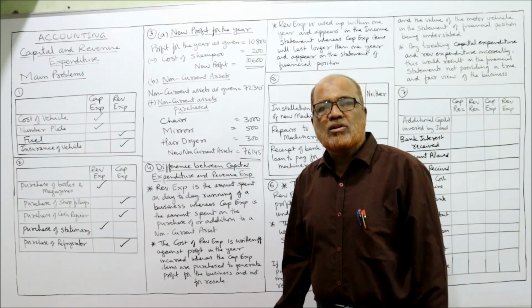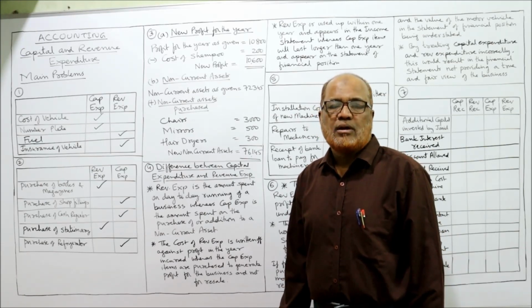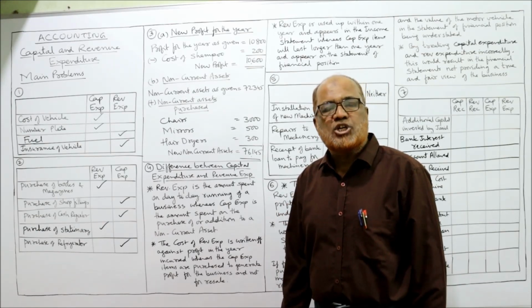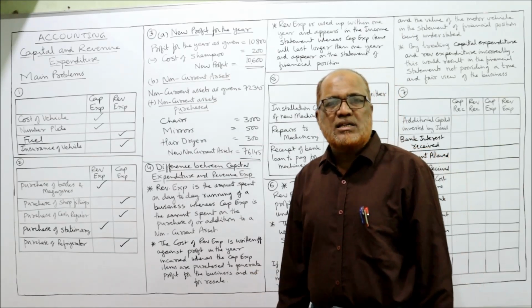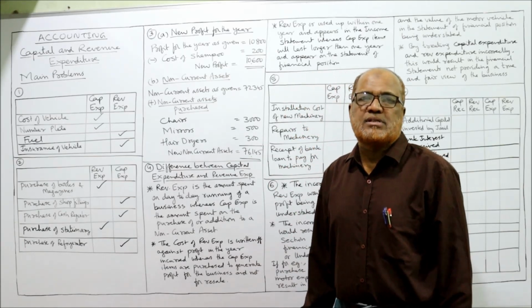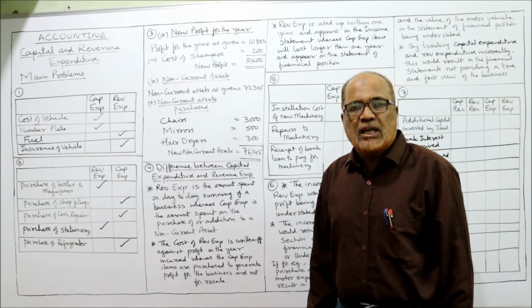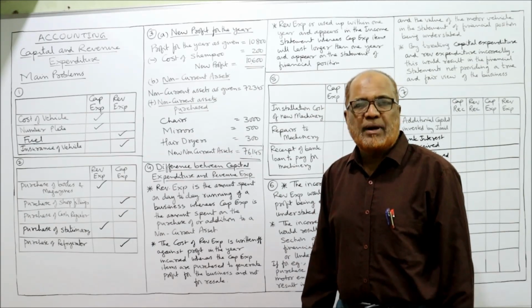The capital expenditure will be taken to statement of financial position, whereas revenue expenditure should be taken in income statement. The capital expenditure will normally increase the profitability of the business. The revenue expenditure will not increase but will maintain the profitability of the business.